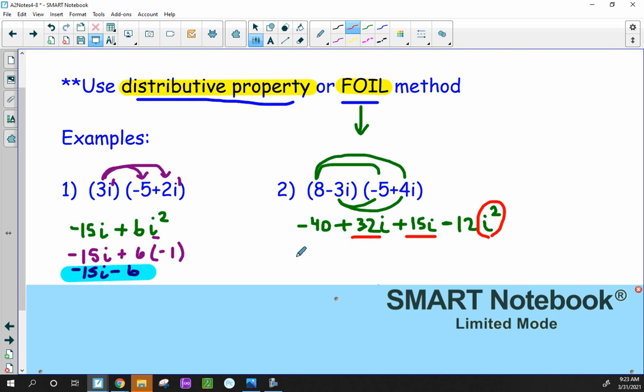So the next step, I'm going to drop my negative 40 down. I'm going to add, we're in add mode now, 32i plus 15i. 32 plus 15, that's going to be 47i terms. Since we're in add mode, we're not going to do anything with the powers. So your brain has to switch from multiplication to addition mode.